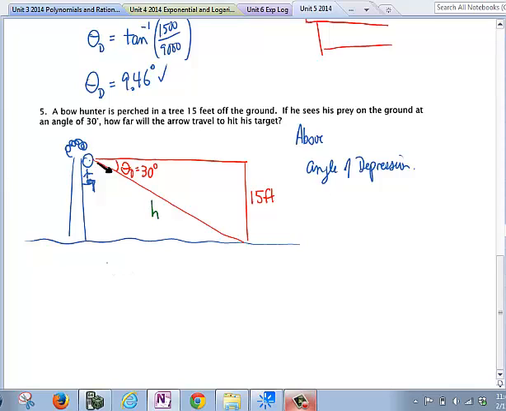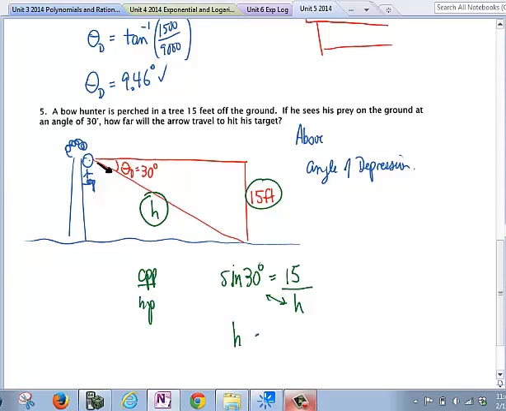And hopefully from looking at the picture, you can see that the trig ratio is going to deal with opposite, which is 15, and hypotenuse. So we're going to use a sine ratio. So the sine of 30 degrees should equal 15 over h. And remember what we did to solve for this, we just switched diagonals.